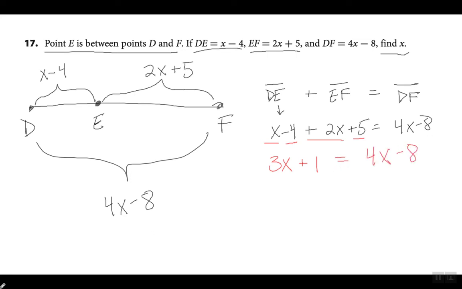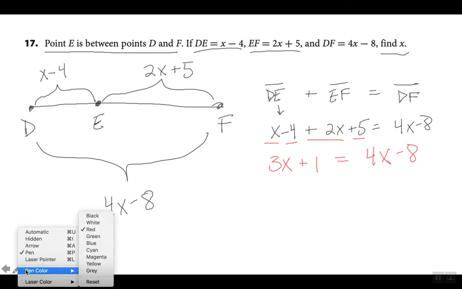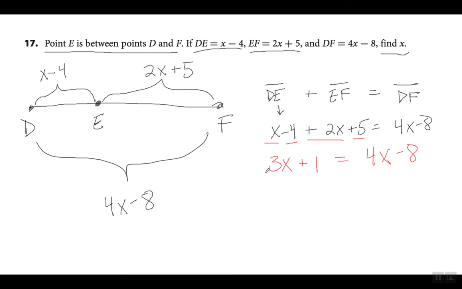Now I want to get all the terms that have the x on one side and all the terms that do not to the other side. Since I want to keep the number in front of x positive, I'm going to move 3x to the right by subtracting it from both sides. This part will cancel out. On this part I'll get 1x, and I don't write the 1, so it's just x. And I'm going to move the minus 8 to the left by adding 8 to both sides.